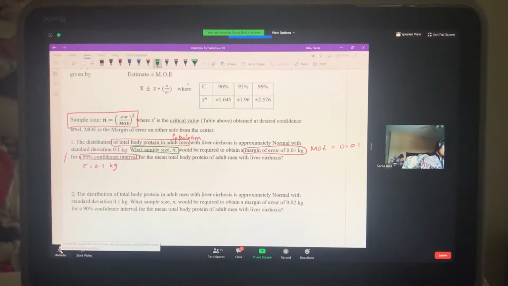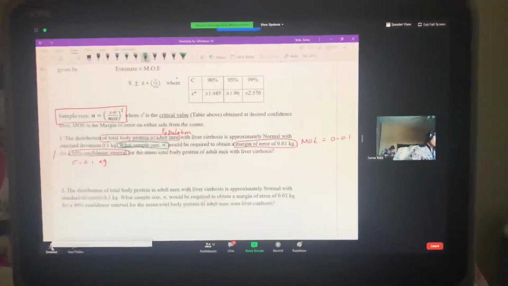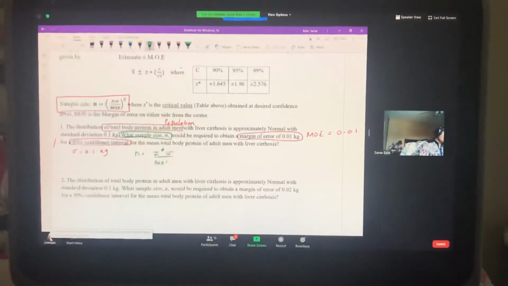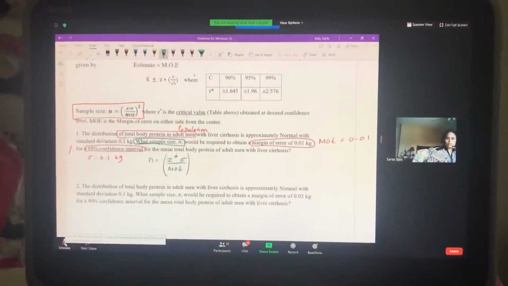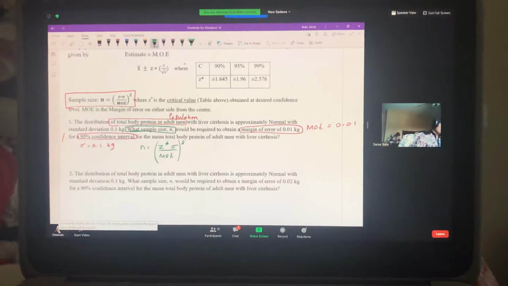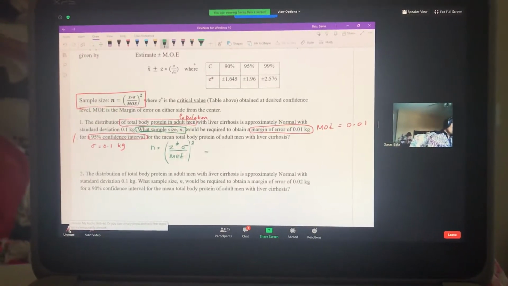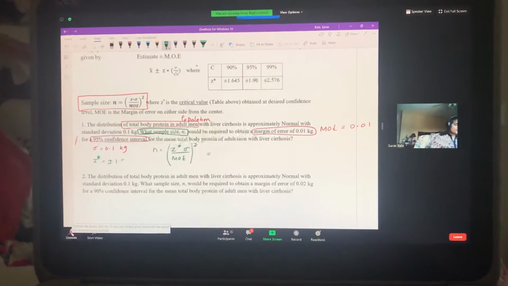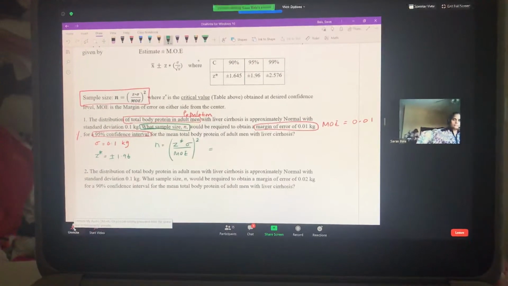In order to get the sample size, write the formula. It is going to be Z star times sigma over MOE, squared. Check, check, check, plug it in. Your Z star is going to be plus or minus 1.96, and the margin of error also has the plus or minus.